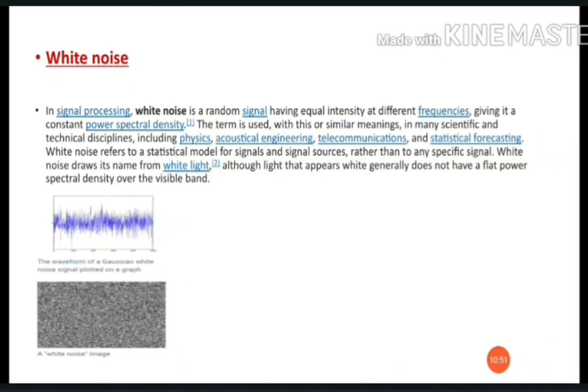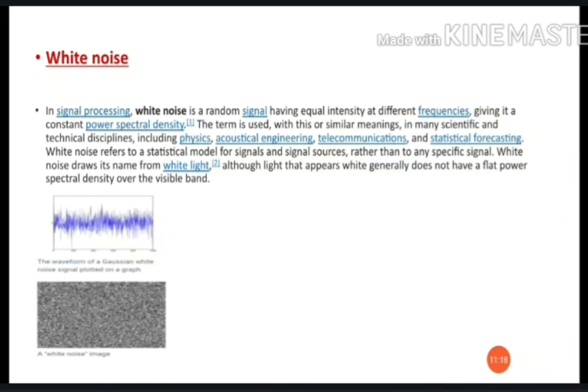The term is used with these or similar meanings in many scientific and technical disciplines, including physics, statistical engineering, telecommunication, and statistical forecasting. White noise refers to a statistical model for signals and signal sources rather than to any specific signals.